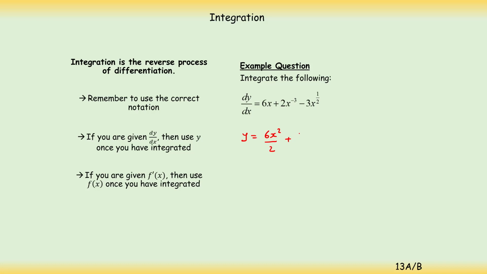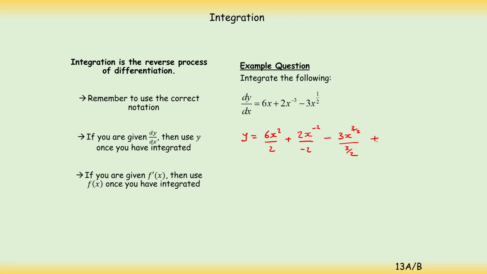Plus, increase the power by 1. So add 1 to that power makes it minus 2. So we've got 2x to the power of minus 2. And divide by that power, divide by minus 2. Minus, increasing the power by 1 takes us to 3 over 2. So it's going to be 3x to the power of 3 over 2. And we divide by that power.